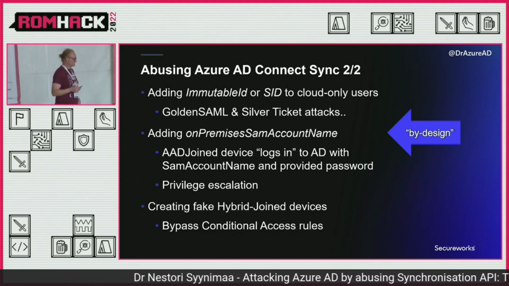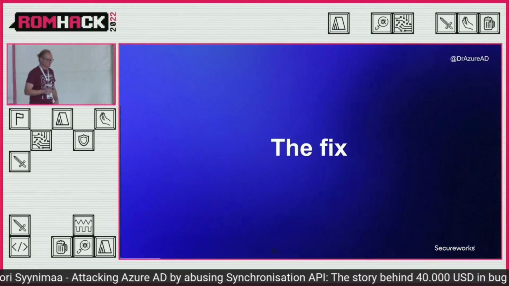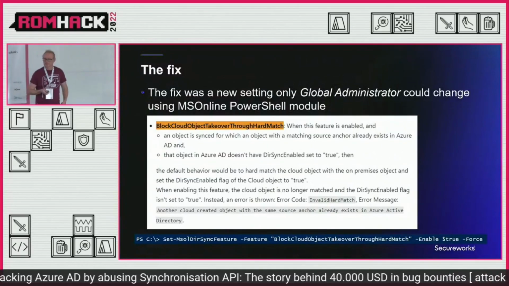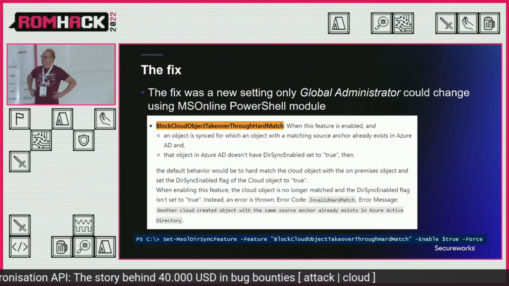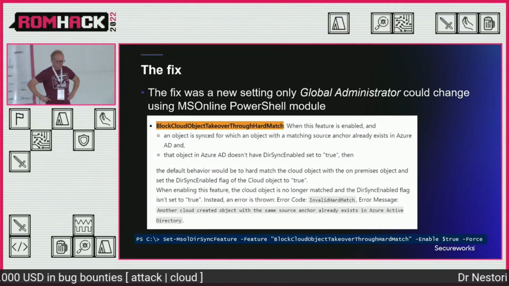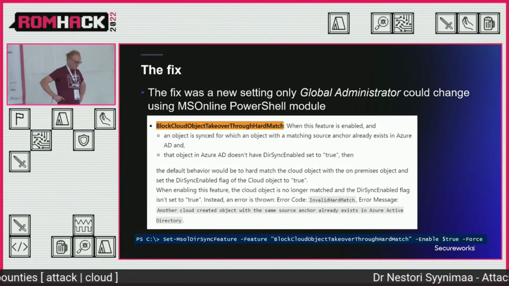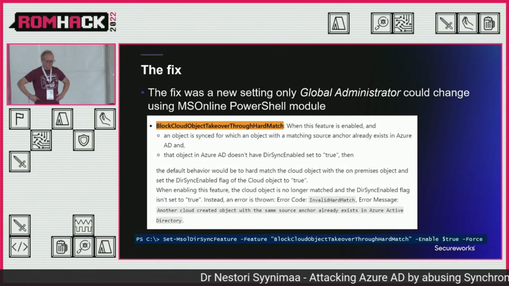and then to the fix. So what is the fix, or what was the fix? They introduced a new setting or directory synchronization feature, as they call it, which is called block cloud object takeover through hard match, which is always easy to remember.